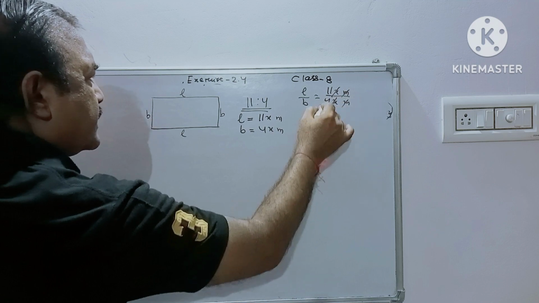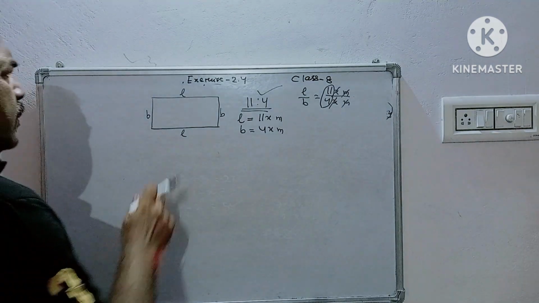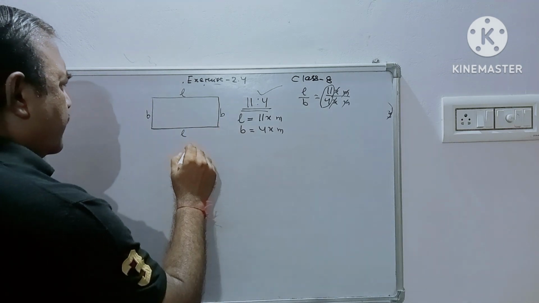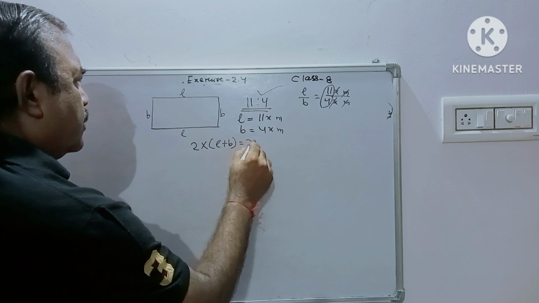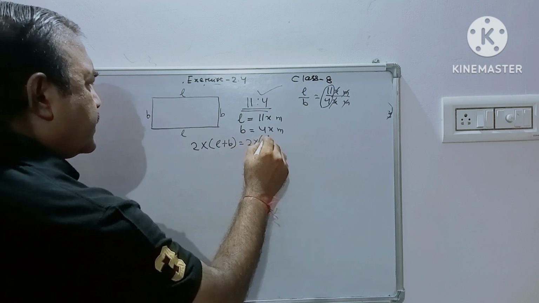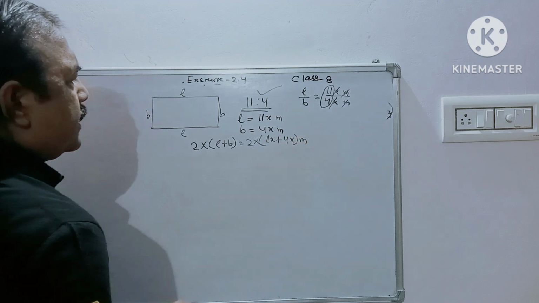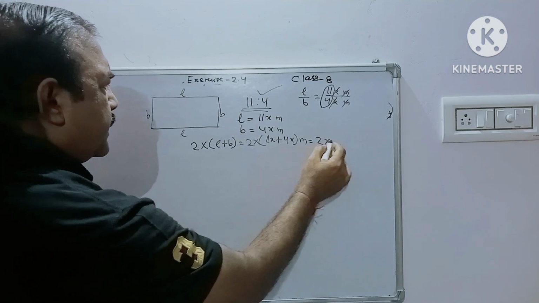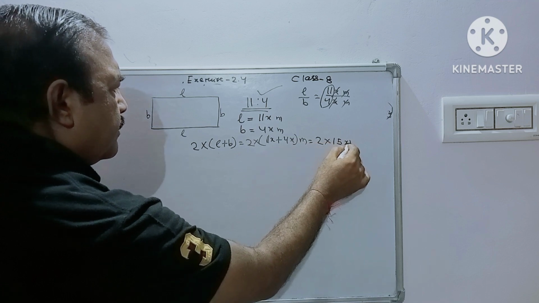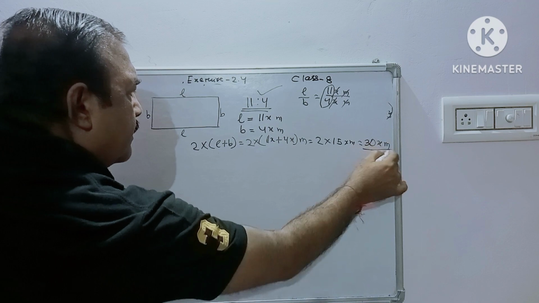So the ratio is 11:4. So what is the perimeter here? The perimeter of the rectangle, 2 into length plus breadth, is equal to 2 into 11x plus 4x meter, that is 2 into 15x meter, that is equal to 30x meter. So this is the perimeter.